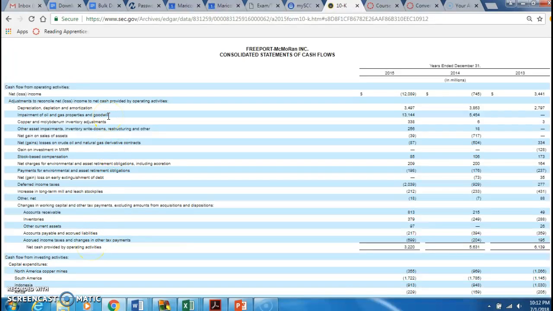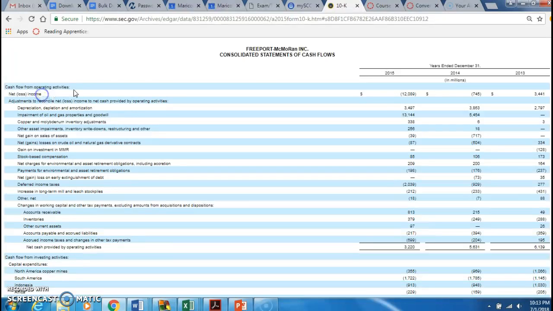So the first line in the operating activities section is net loss or income. The net loss or income has been studied in this accounting course before, so we are familiar with a statement that includes net income or net loss, namely the financial statement called the income statement.